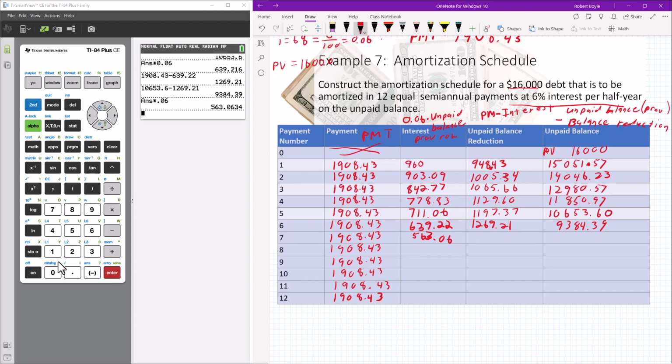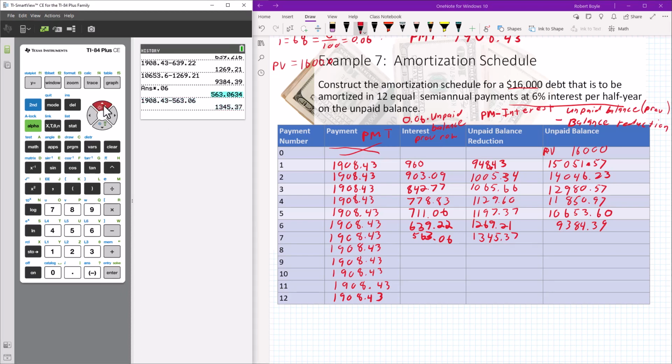That will be 1908.43 minus 563.06. That will give us a 1345.37, and then our new principal will be the previous one, $9,300 minus our reduction.